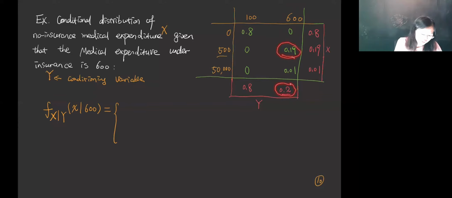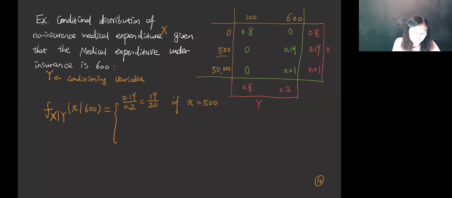So 0.19 divided by 0.2, which is 19 divided by 20. This is if little x equals 500.